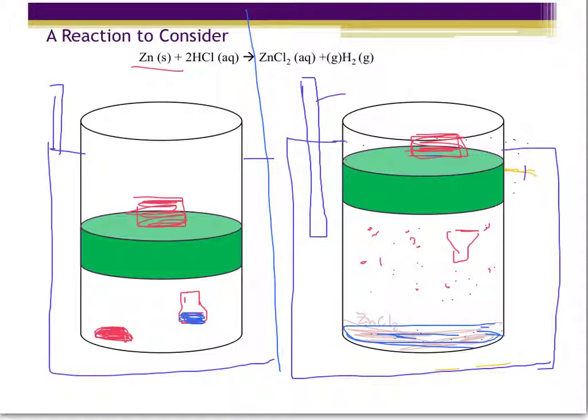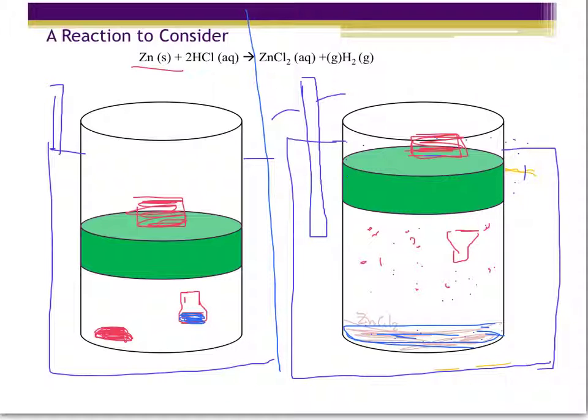If there is a temperature difference from before to after, then we know that we have had either the generation or the absorption of heat. So we have had a heat transfer. If we do this reaction where we isolate the system so we do not allow heat transfer, under adiabatic conditions, then all of the energy produced by this reaction would be in the form of work.